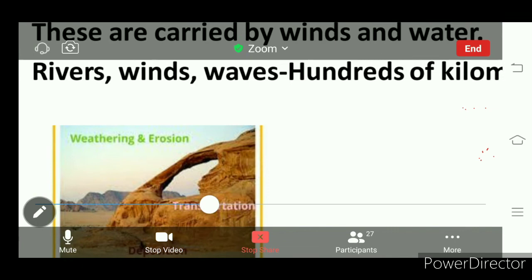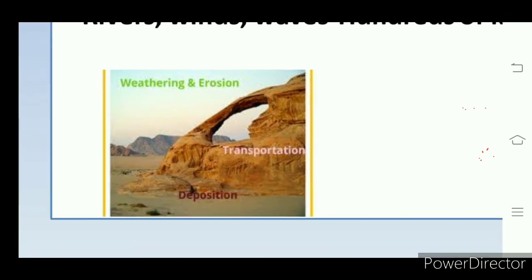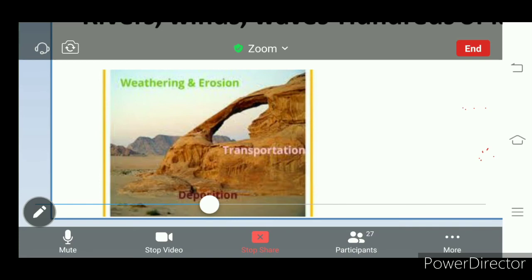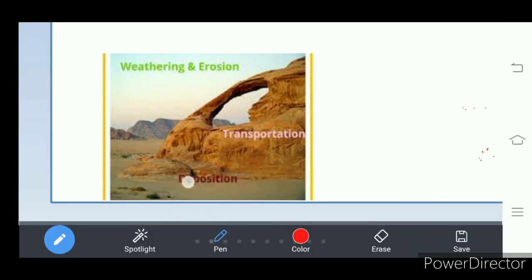Look at this slide here. What do you see here? Here, the eroded particles are carried by the wind. Okay, these are the eroded particles. Here you see a hole, right? Actually, the wind is blowing with high speed in this area, so here the rock material is eroded and deposited.